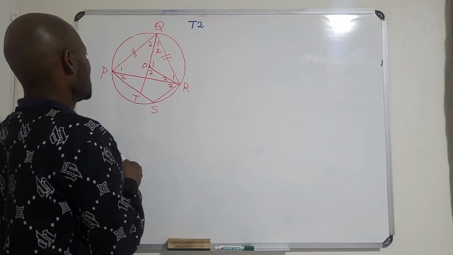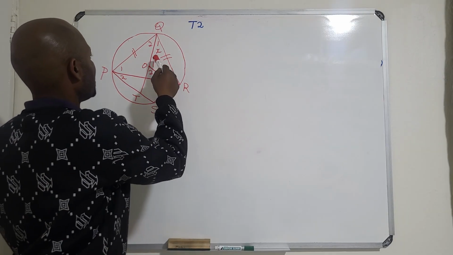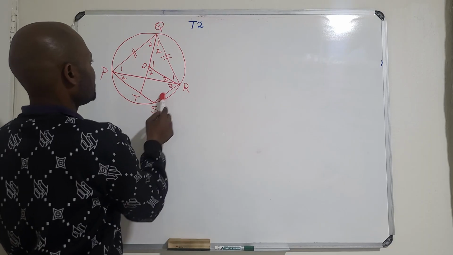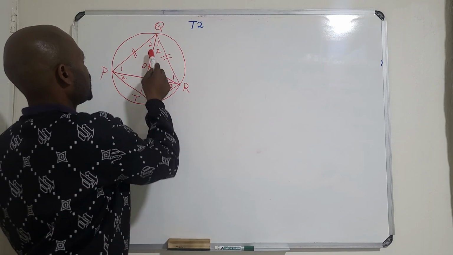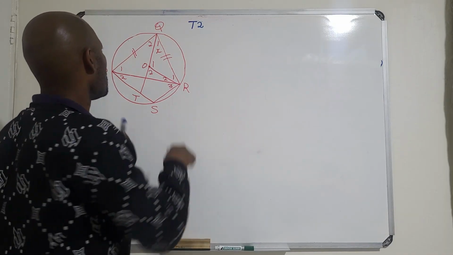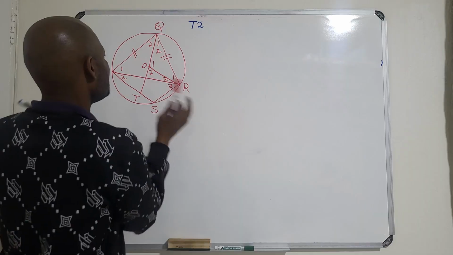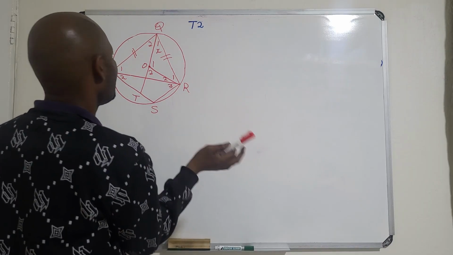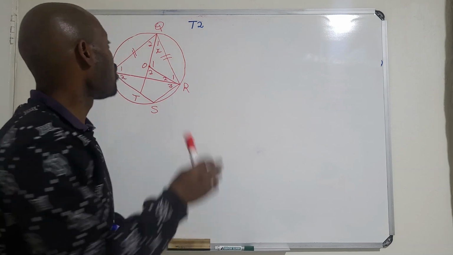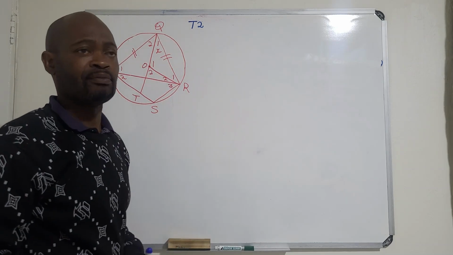But look at this one. It's subtended by this. Therefore, this angle and this angle are not equal. Therefore, there are no angles in the same segment here. Therefore, theorem number 4 is out. We only have theorem number 2 of chords in this problem.